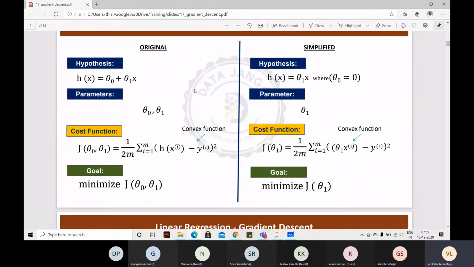Here the original equation is theta 0 plus theta 1 x. There are two parameters, and what is the cost function? Error. What is error? Predicted value minus actual value whole square, sigma i equal to 1 to m. Do you remember this formula?